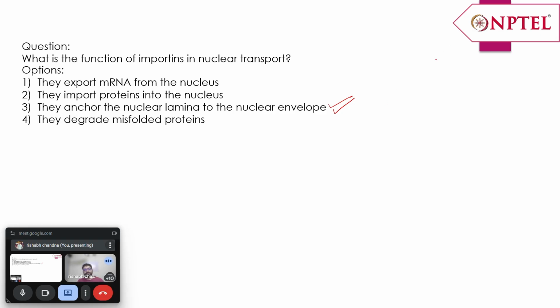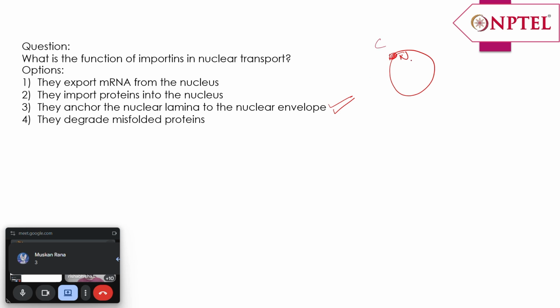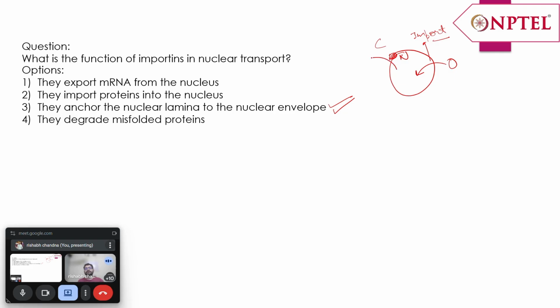So, what happens is, for example, this is the nucleus and this is the cytoplasm. If we have to move a particular protein into the nucleus, that process will be called import. And if we have to move anything from the nucleus to the cytoplasm, it will be called export. So this is exporting of a protein from the nucleus and importing of a protein to the nucleus.